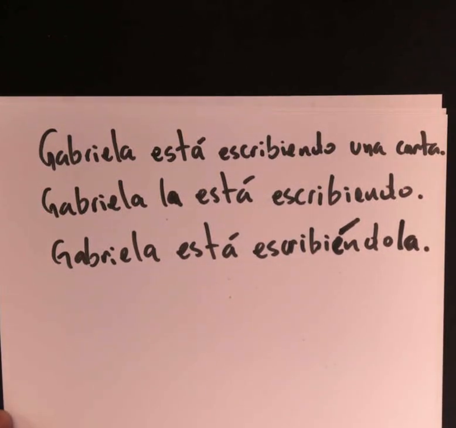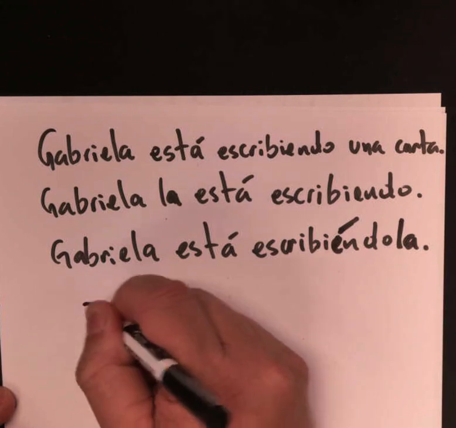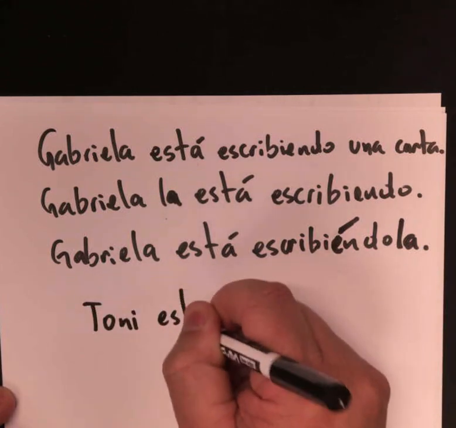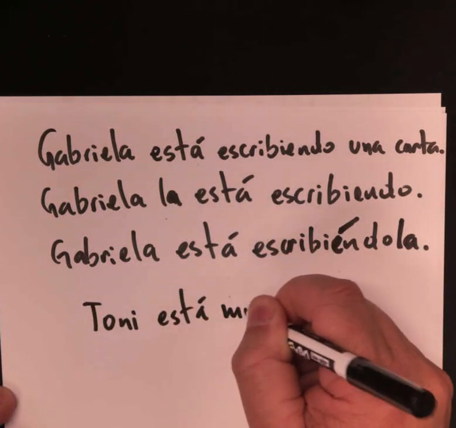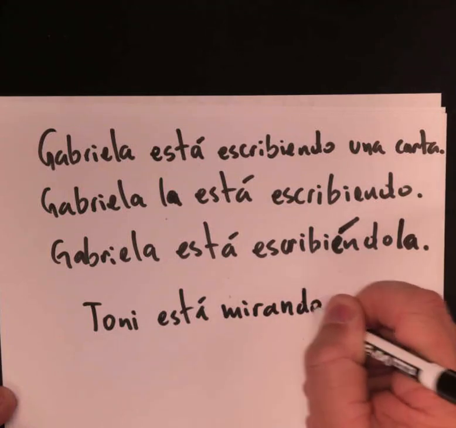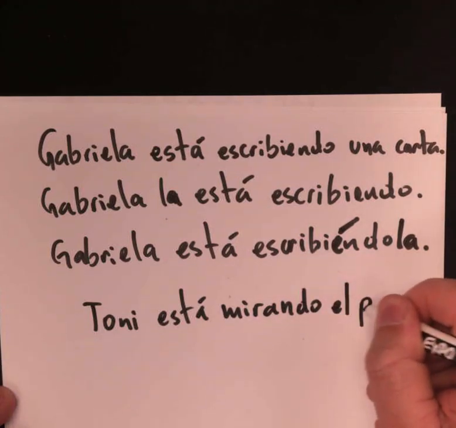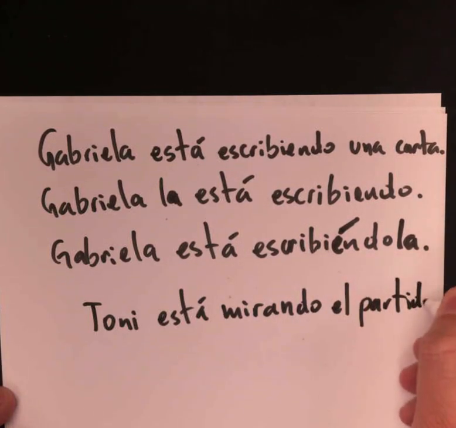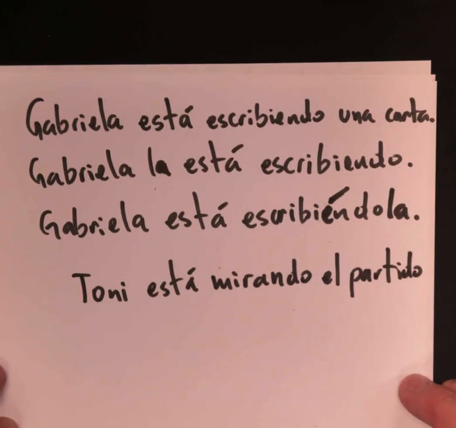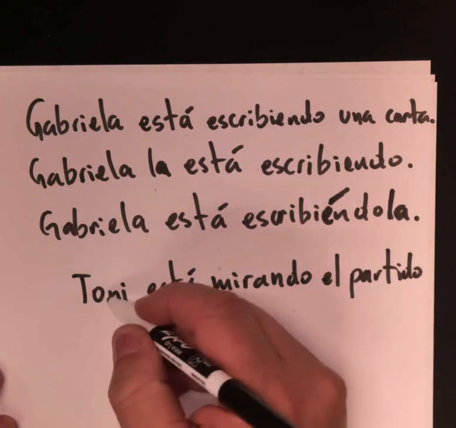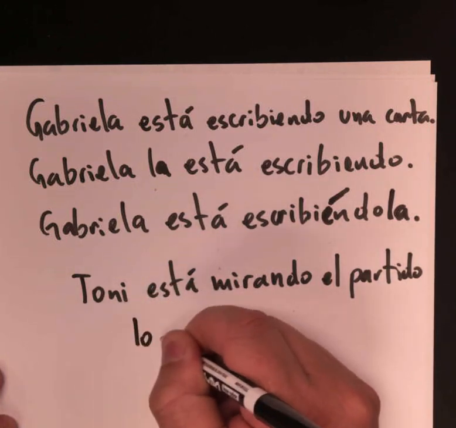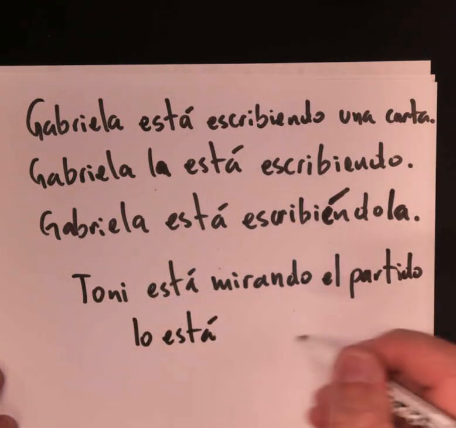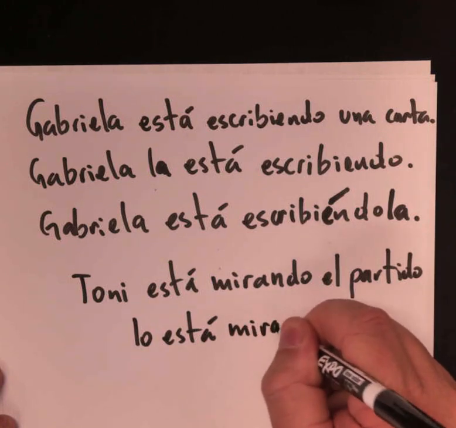Por ejemplo, Tony está mirando el partido. Partido means game. Okay? So we can say Tony lo está mirando.